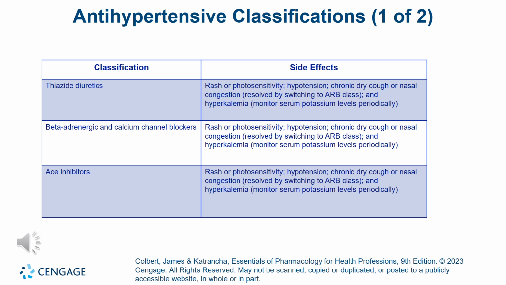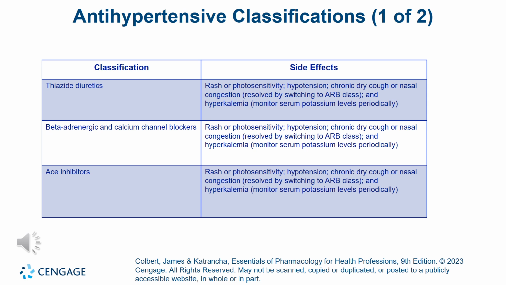The next class is the beta-adrenergic and calcium channel blockers. These, like your thiazide diuretics, are generally well tolerated. They're suitable for initial therapy in some patients with angina following myocardial infarction, ischemic heart disease, heart failure, and certain arrhythmias.